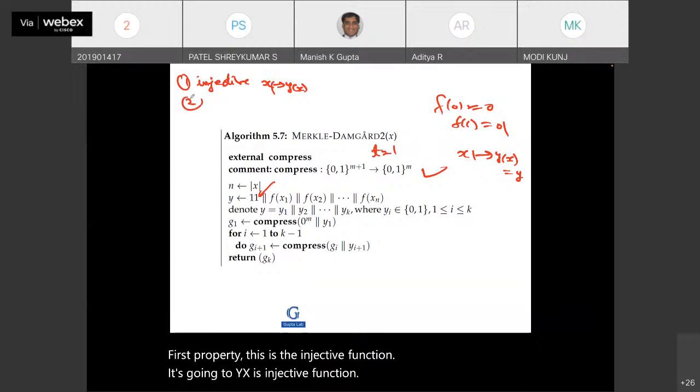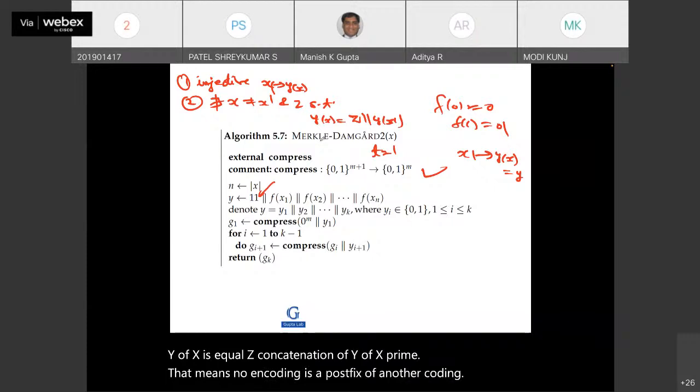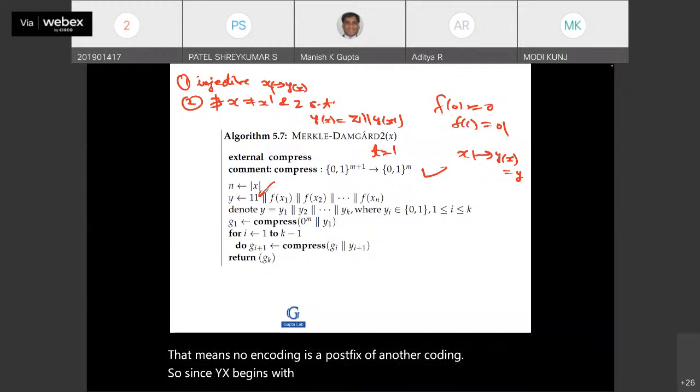And second, there do not exist two strings x not equal to x prime and z such that y of x is equal to z concatenated with y of x prime. That means no encoding is a postfix of another encoding. Since yx begins with 1 1 here, there does not exist two consecutive ones in the remainder of the string. Then we have theorem 5.7, which is for this special construction t is equal to 1.